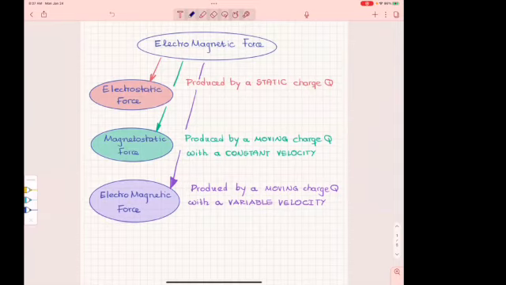Magnetostatic force is what is produced by a charge that is moving with a constant velocity. Electromagnetic force is produced by a charge that is moving with a variable velocity, so a velocity that changes either in direction but has the same value, or changes both in value and direction.